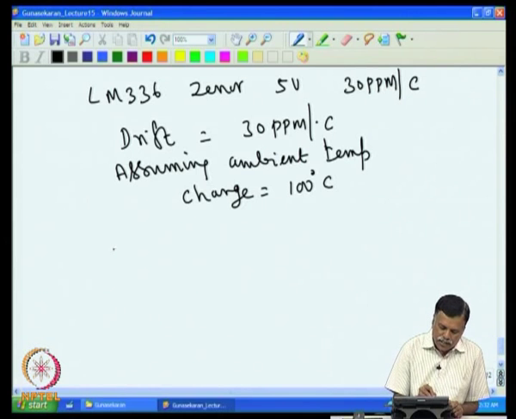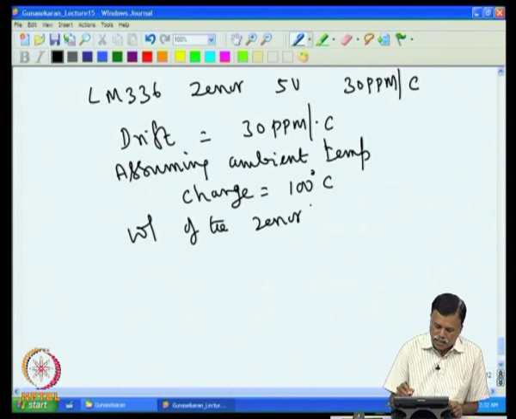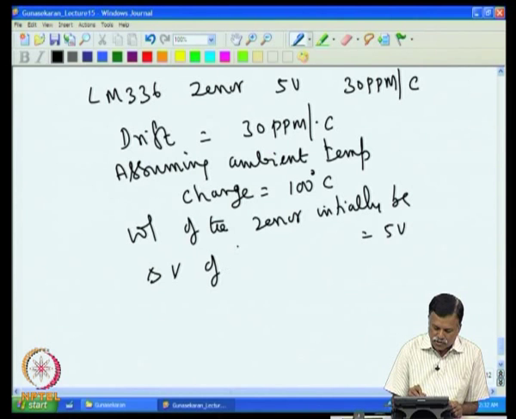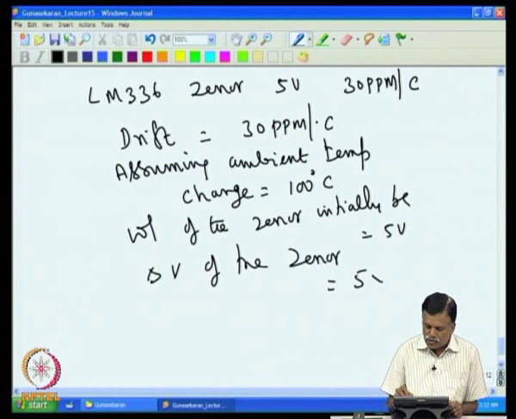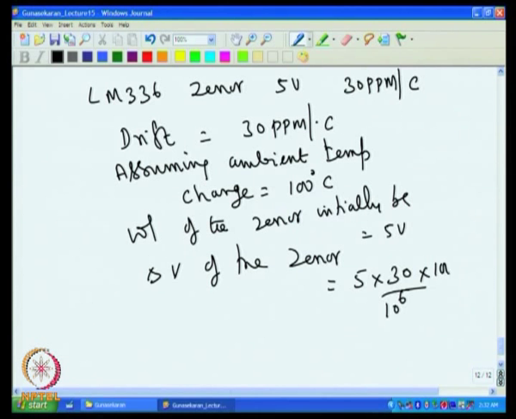Then, assuming the voltage of the Zener initially to be 5 volt, delta V of the Zener is equal to the change in Zener voltage, that will be 5 into 30 ppm, that is 10 power 6, into 100 degree C. Basically, it is V into ppm into delta T, that is what we had shown in this.